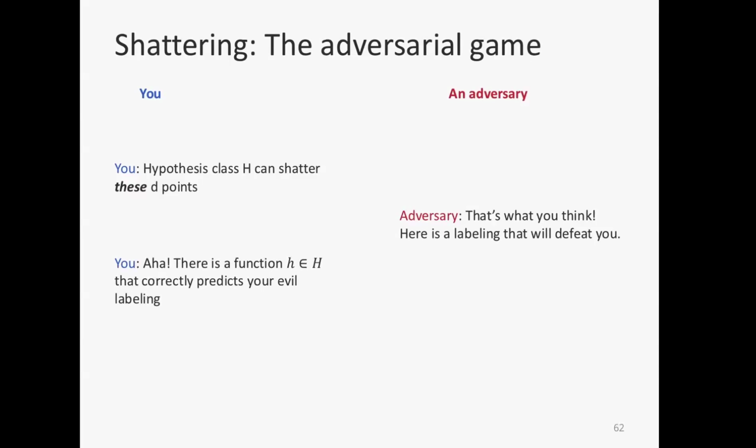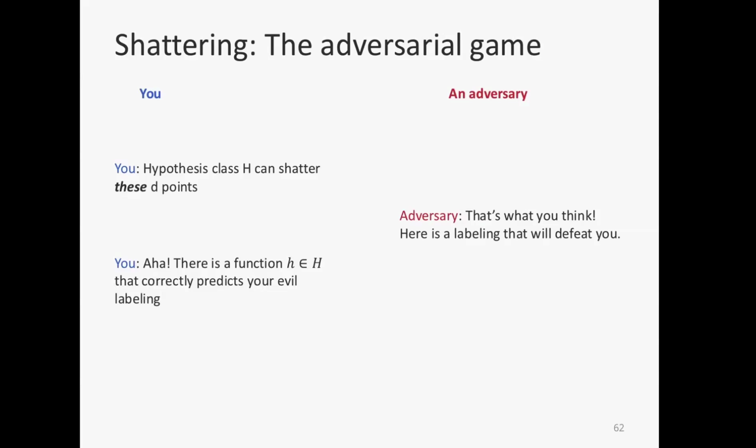The important thing here is when you're trying to prove that a set of points is being shattered, you can choose the points. Of course, you're given a set of functions. You can choose the points, but not the labels. Your adversary, who's trying to prove it cannot be shattered, gets to pick the labels.